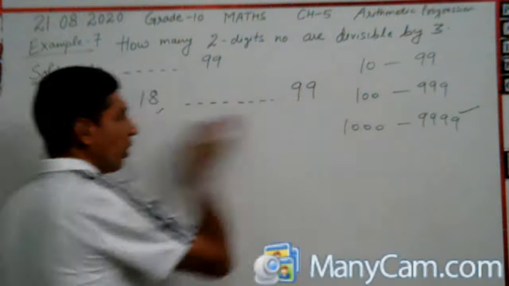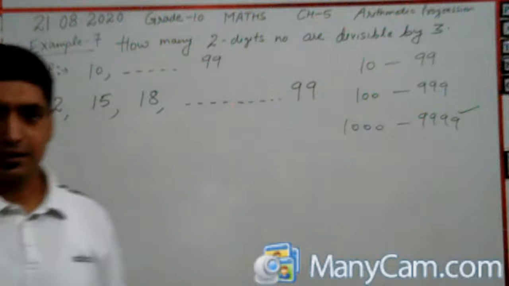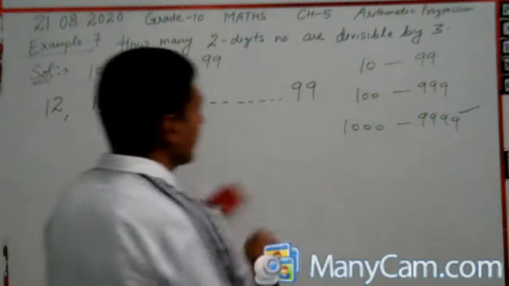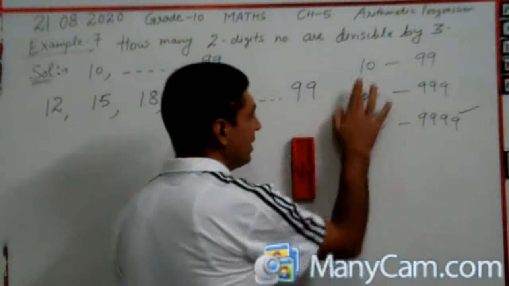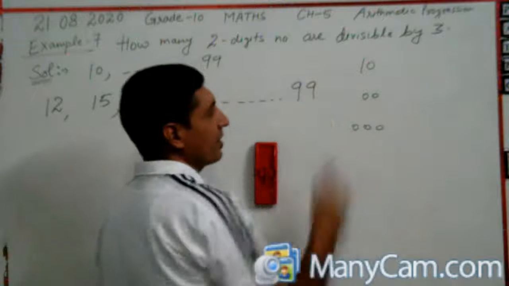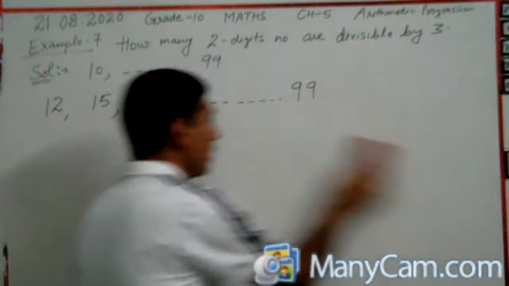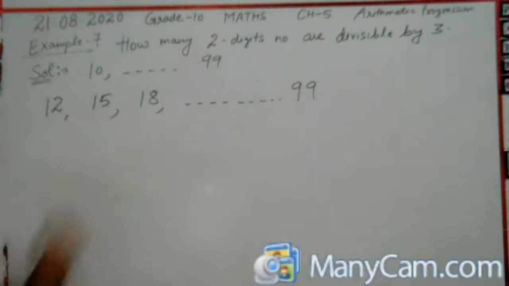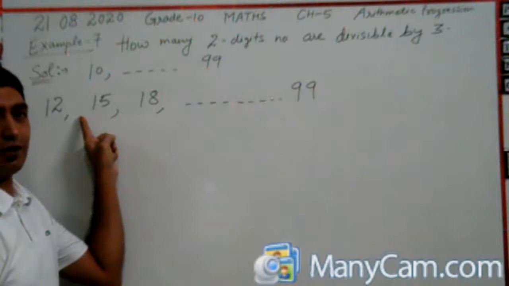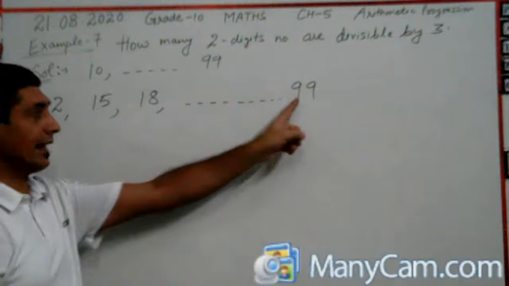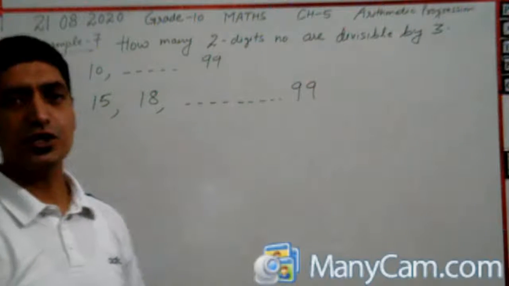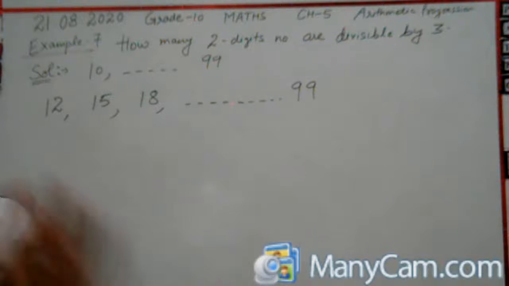Now we will not count them one by one, otherwise the examiner will give you a big zero. So here we have to apply the formula. These numbers starting from 12 to 99 are the numbers which are divisible by 3.